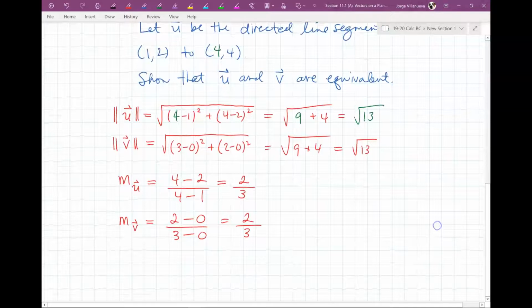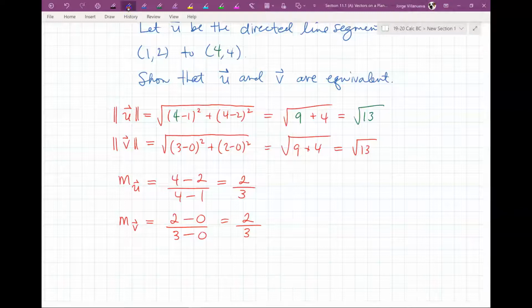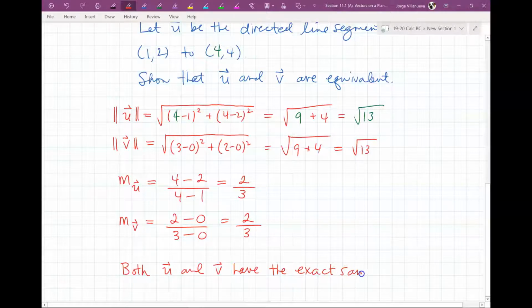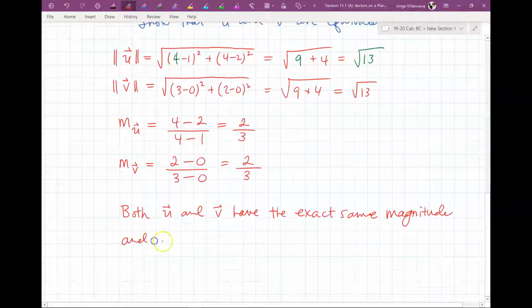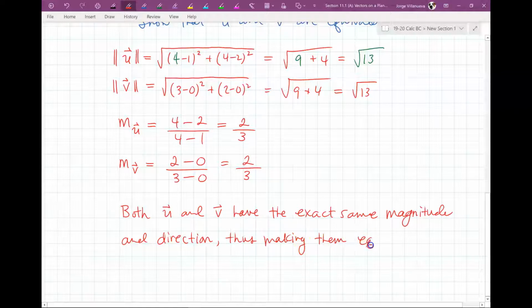So you'll notice the magnitudes match, the slopes match. So all you got to basically say is both vector u and vector v have the exact same magnitude and direction, thus making them equivalent.